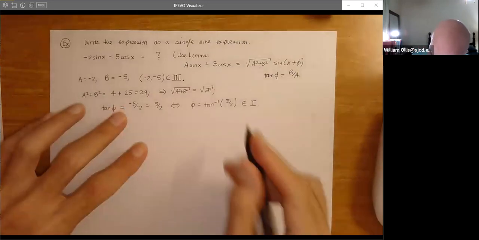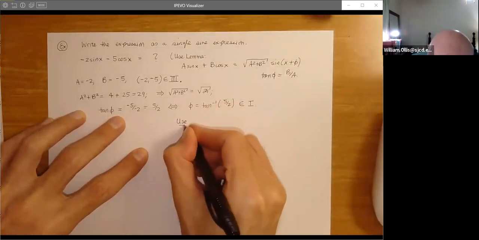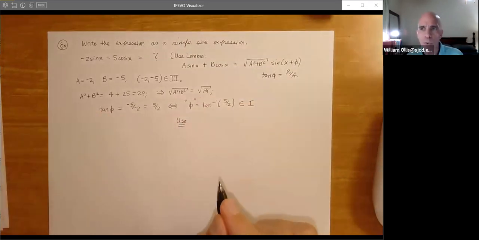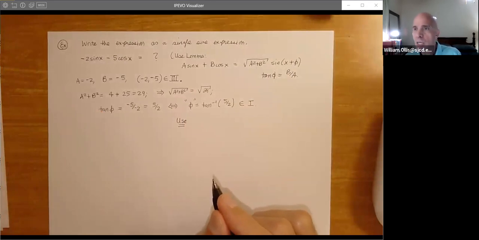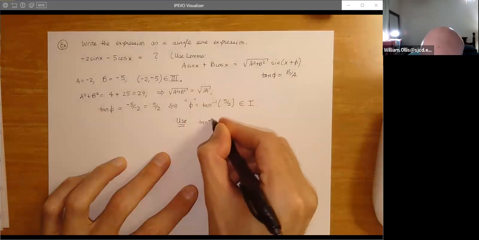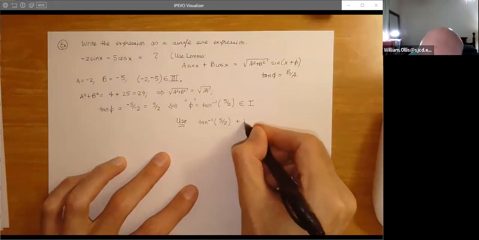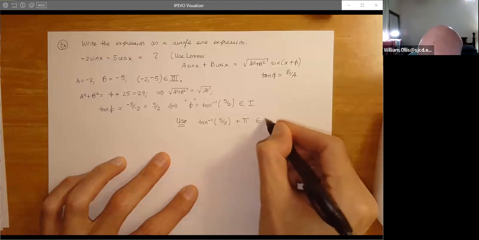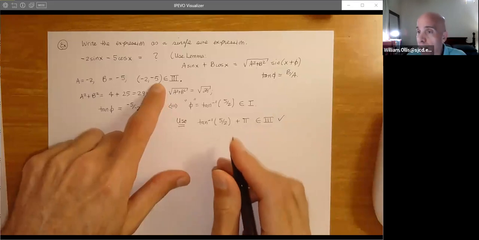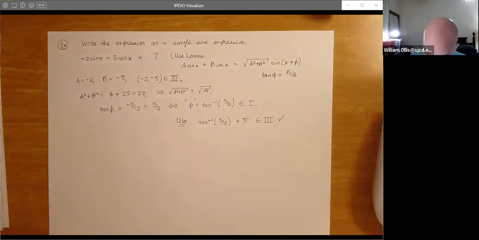So this is kind of like the phi in quotes. It's not quite what we need. We need to push it to the third quadrant. So we're going to have inverse tangent of 5/2 plus pi, which is now in the third quadrant. And that's what we need since our point is in the third quadrant. That is, they terminate in the same quadrant.